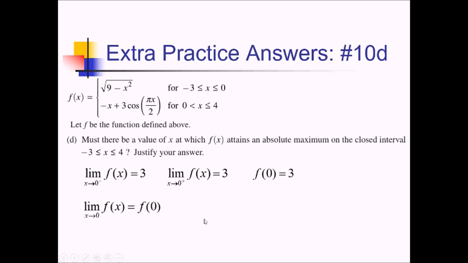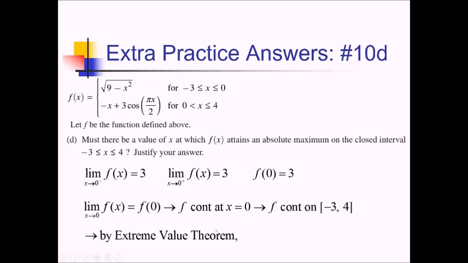Therefore, f of x is continuous at 0. And if f of x is continuous at 0, which was really the only thing we were worried about, that means that f is continuous on the whole interval from -3 to 4. Therefore, by the extreme value theorem, f of x has an absolute max somewhere on the interval from -3 to 4.